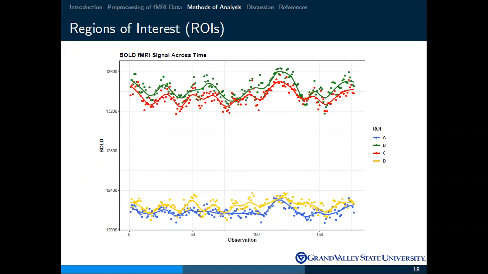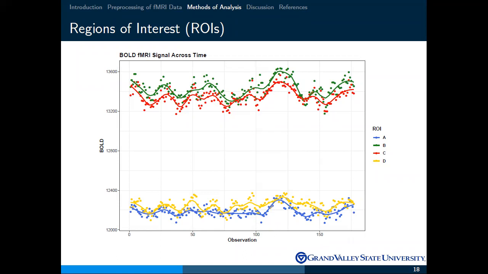Their signals are related across time. As one tends to go up, the other one does as well. And even though the yellow region has a lower overall signal strength down here, it still seems to be co-activating similarly with the green and red region up here. But the blue region does not seem to be as related to the other ones.